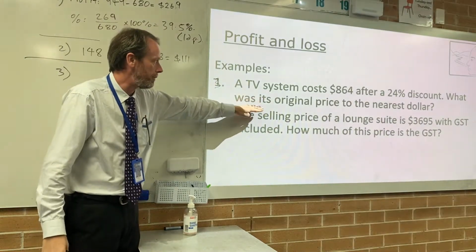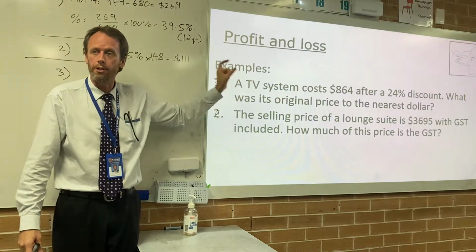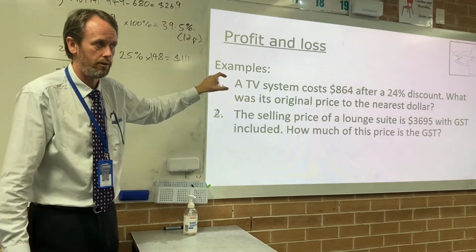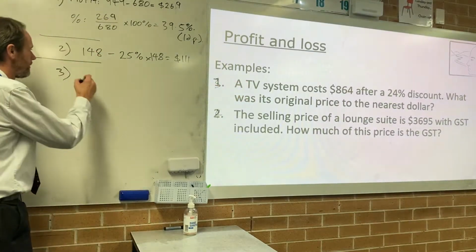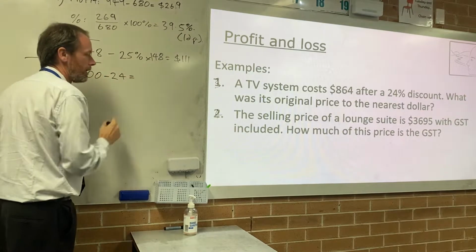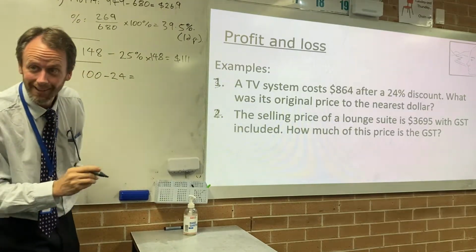Now, let's do a little bit of work first. If 24% has been taken off, what percentage is left? All right, have a think. Just do some working. 100 minus 24 equals... I can hear someone whispering it. 76. Excellent.